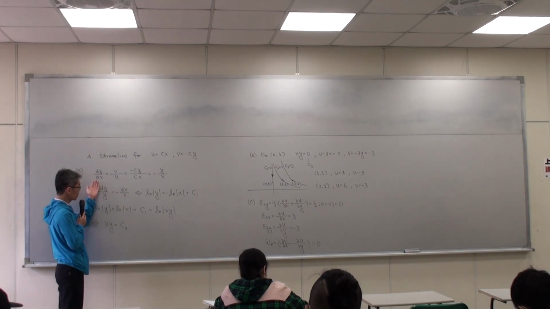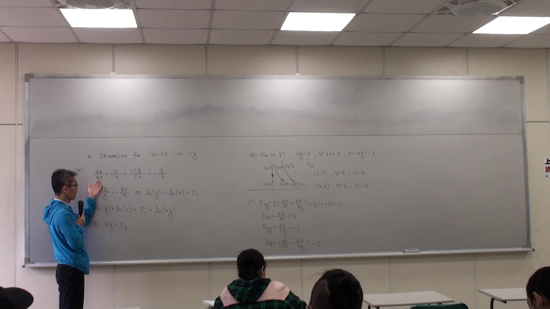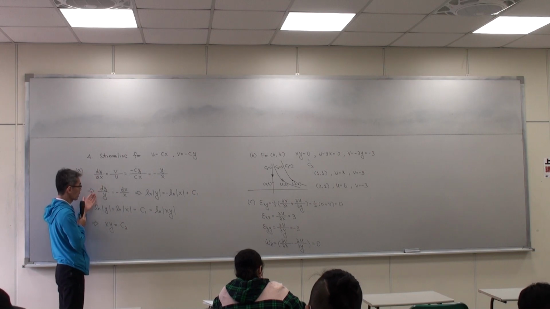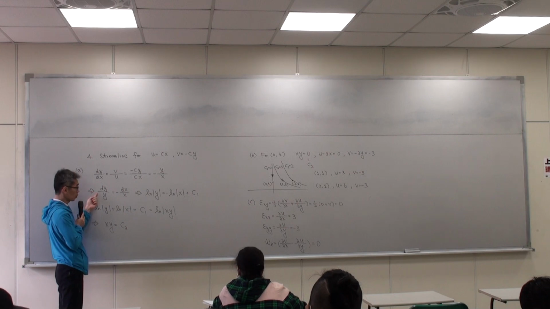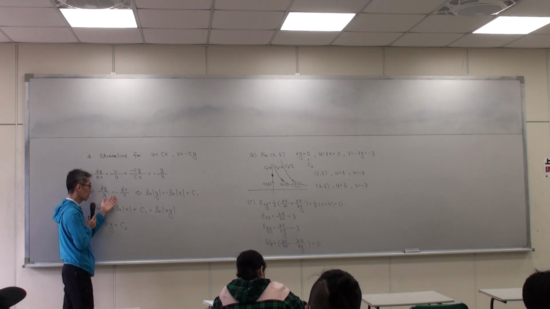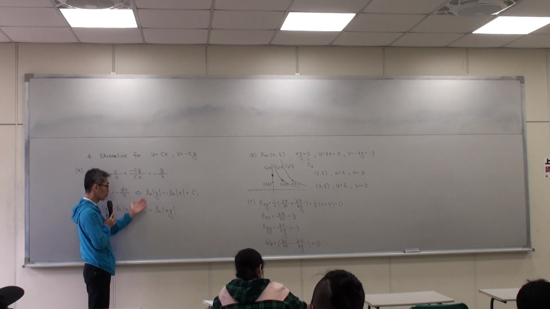So if we use a stream line result, it's like the slope or gradient for the velocity ratio. So if we take this relationship, we can integrate y and integrate x. We take the y on one side and x on the other side, then we will get a natural log result.